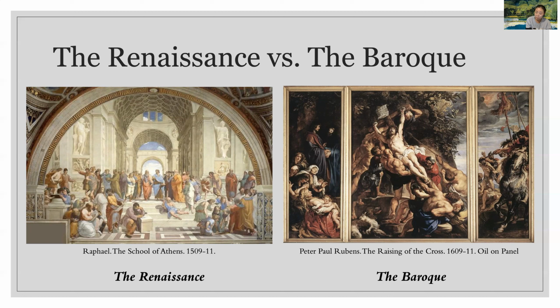The left one, Raphael's painting, is basically following perspective rule, which means it is well balanced. And it is calm, peaceful, bright, and logical.